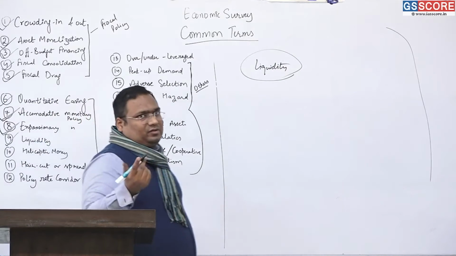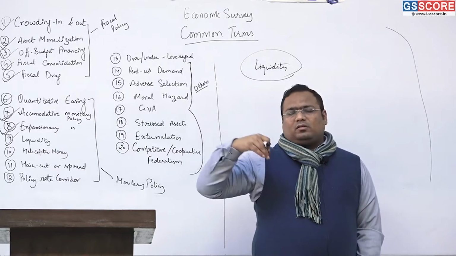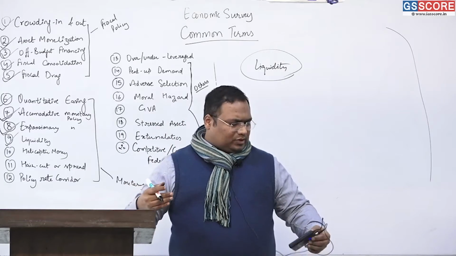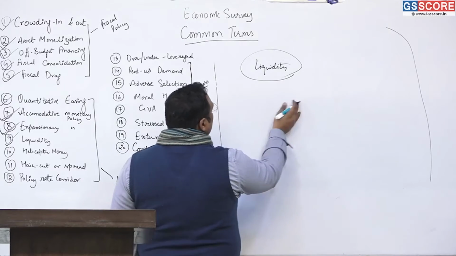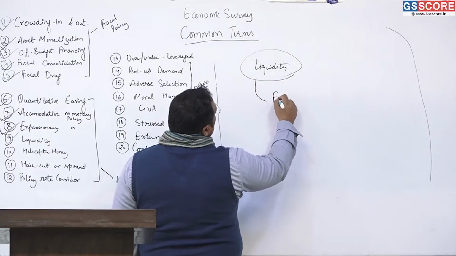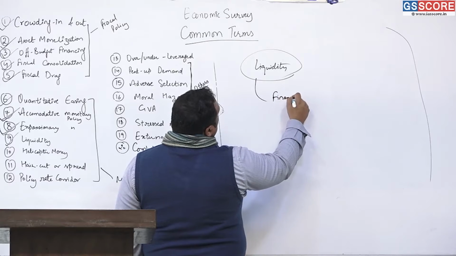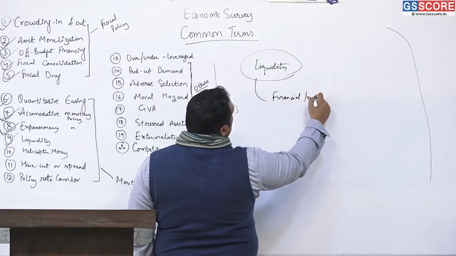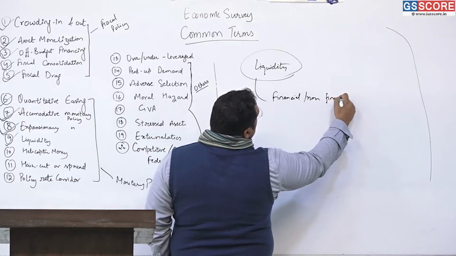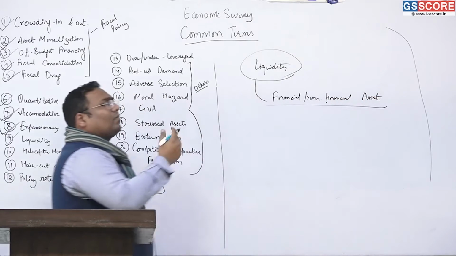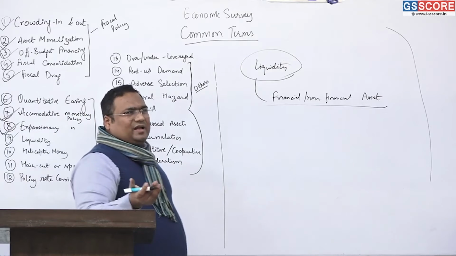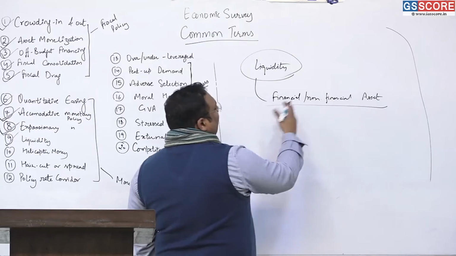Liquidity has two meanings, and the meaning would easily be clear from the context itself. So liquidity, when we use it for a financial or non-financial asset, or for any asset simply, assets can be financial or non-financial.